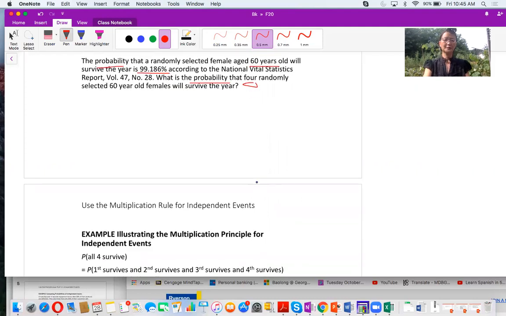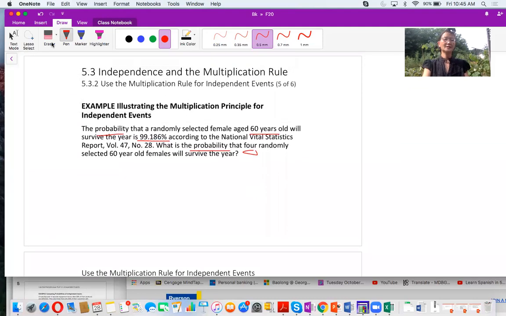Okay, 4. So let's take a look at the probability of 4 females surviving the year, which equals the probability the first female survives.